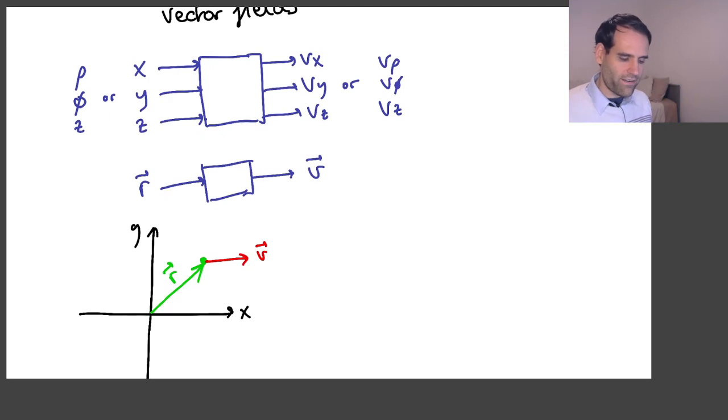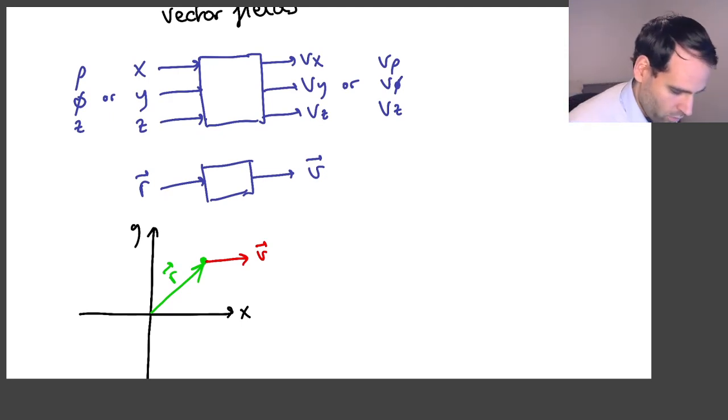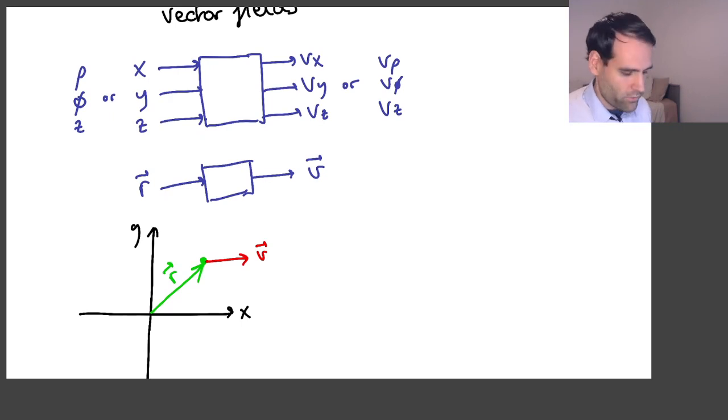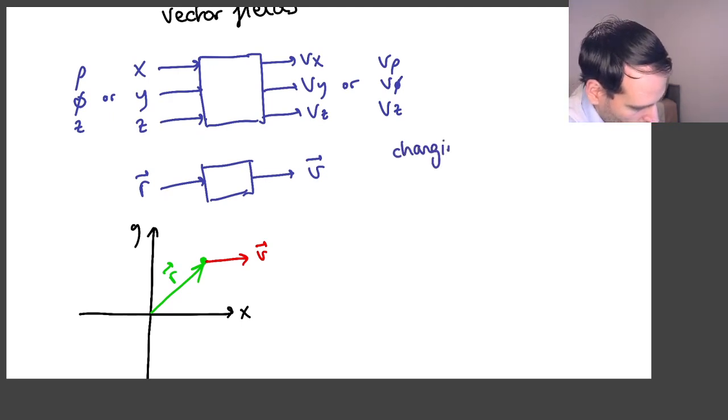The mistake here is to say the following. So you can start saying correct things. You can say changing basis of the vector field corresponds to changing the basis of vector v.